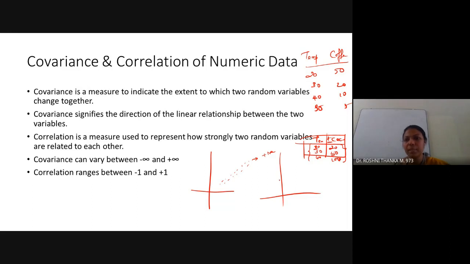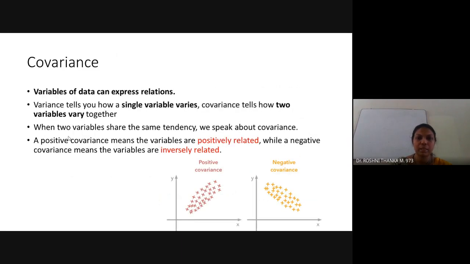So as the temperature increases, the coffee sales rate decreases. It goes in the other way. This is said to be a negative correlation. So the direction of this relation is covariance, and how strongly it is related is correlation. This is an example for this.